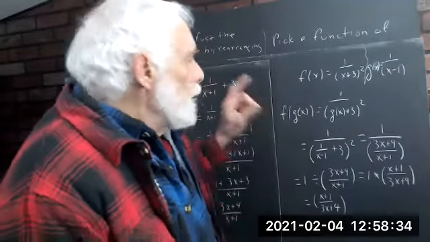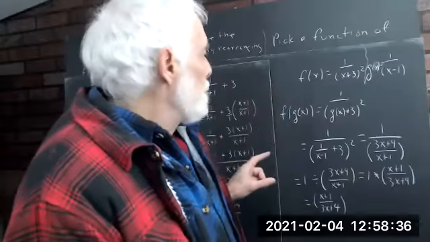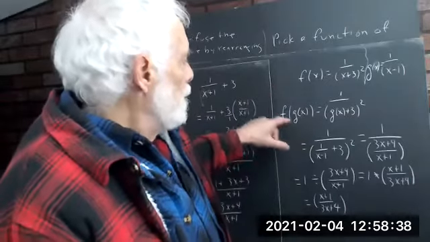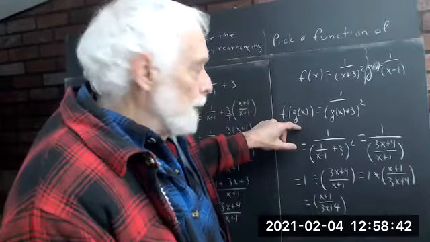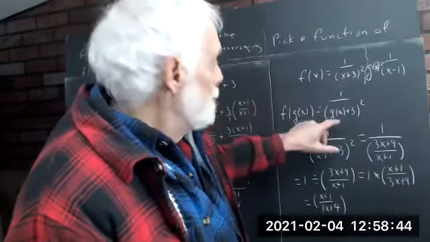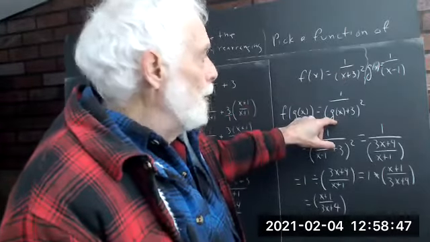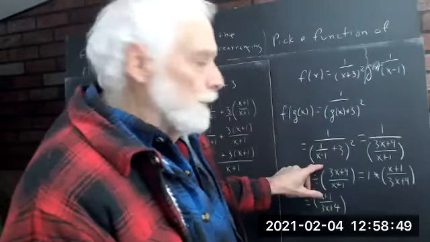Okay. The main thing, though, is that you have to understand that f of g of x means x has been replaced by g of x, so you replace the x by g of x. And then you write the expression for g of x.